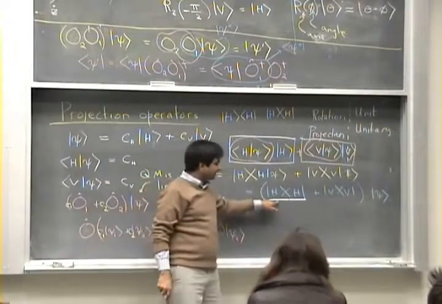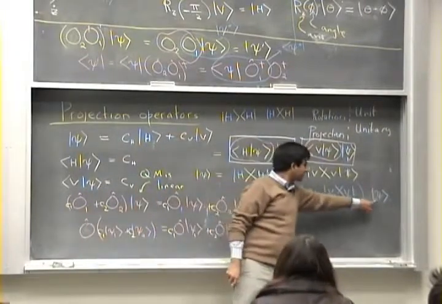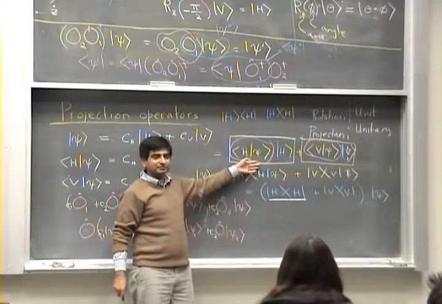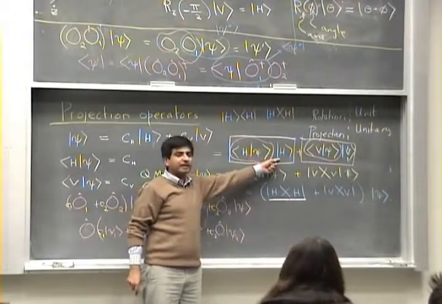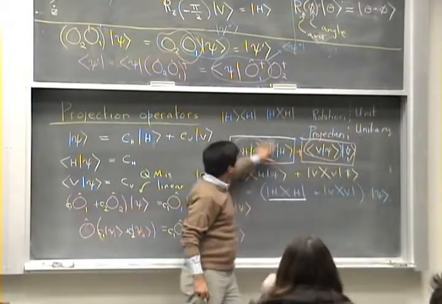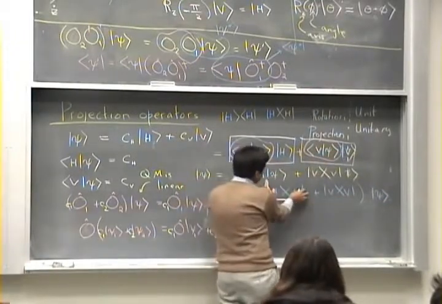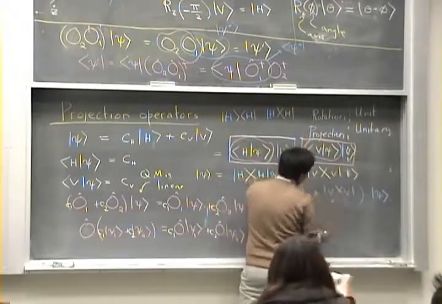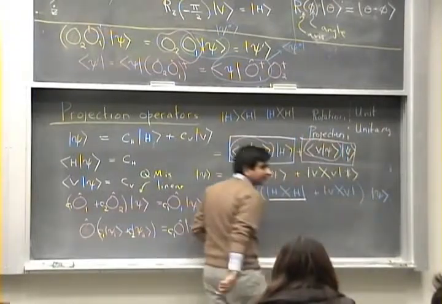So this is an operator, acts on this state to give me this state. Remember, look, this is a state. A number with a ket is a state. So this equals this operator acting on this state, and this object equals this operator acting on this state.